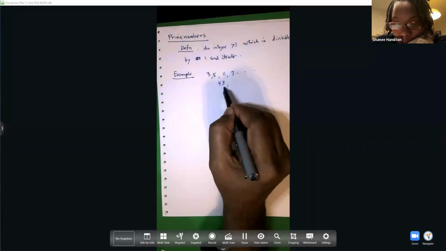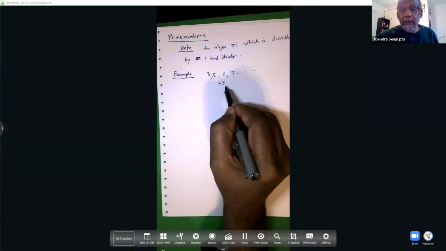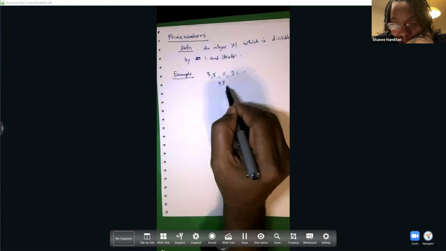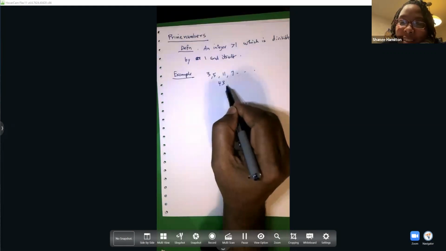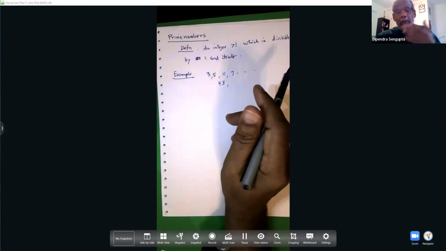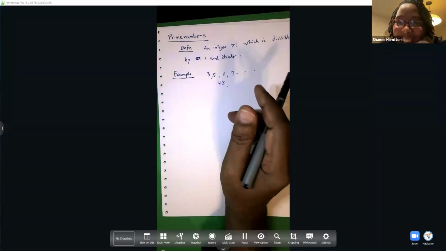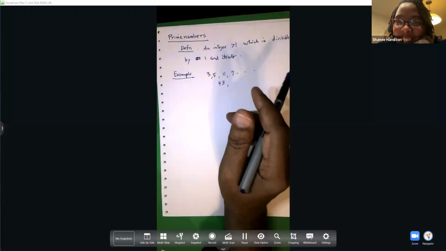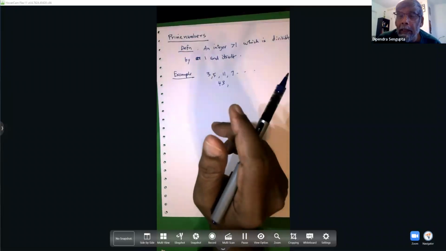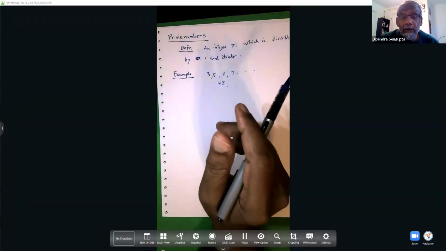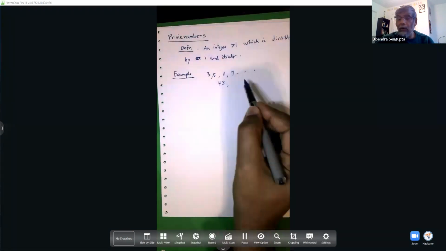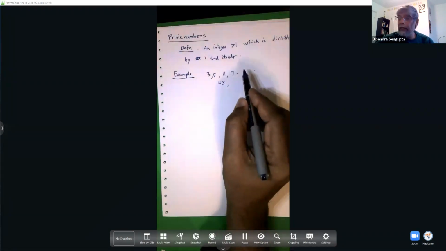No. Is it divisible by 3? No. Is it divisible by 5? No. Is it divisible by 7? No. So you have to really check whether it's divisible by these. But the question is, how long can you check? When do you stop? We'll talk about how to determine a number is a prime a little bit more. But 43 is an example of a prime number.